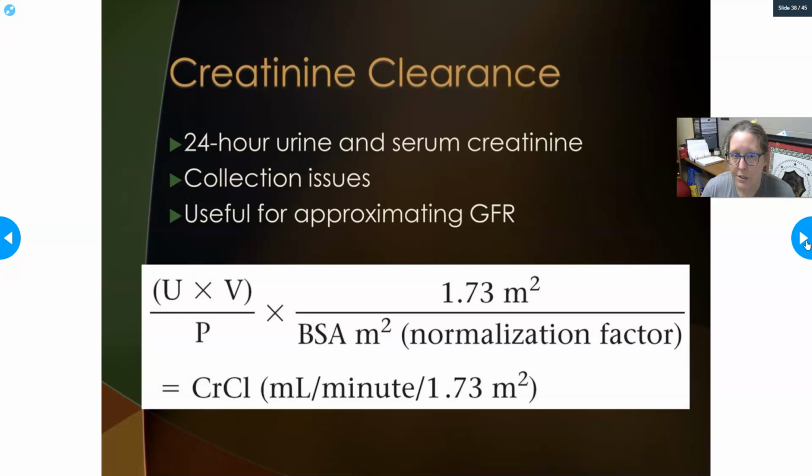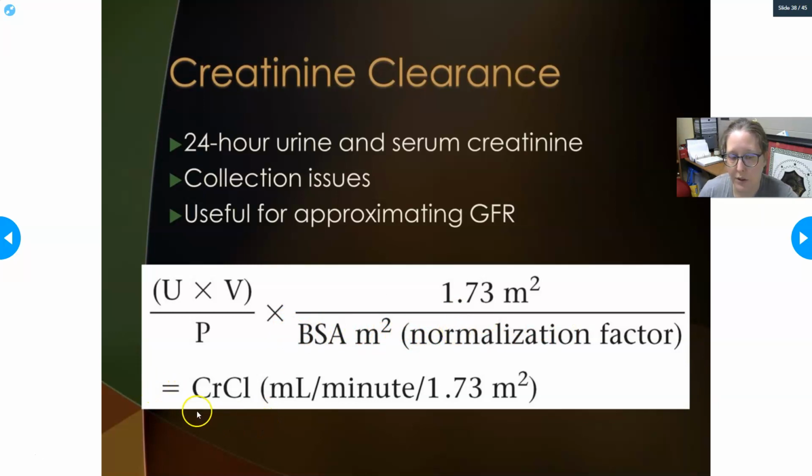The creatinine clearance is useful for approximating the glomerular filtration rate, and it uses the urine creatinine times the urine volume divided by the plasma creatinine times, this is the standardized body surface area divided by the body surface area of the patient in square meters, which can be obtained by entering the patient's height and weight.